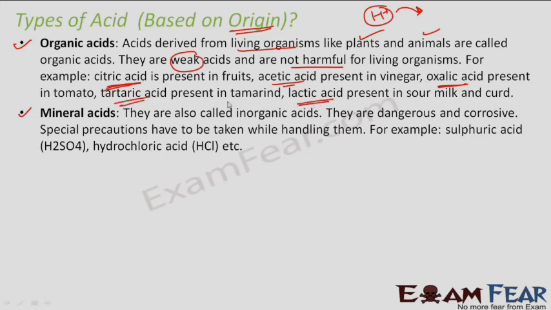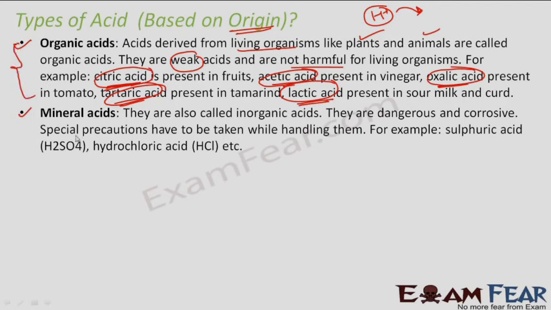So these are the acids which you get from natural things, and they are weak and not harmful, right? Please remember these terms: citric acid from fruits, acetic acid from vinegar, oxalic acid from tomato, tartaric acid from tamarind, lactic acid from sour milk. So these are the organic acids, weak and not harmful.